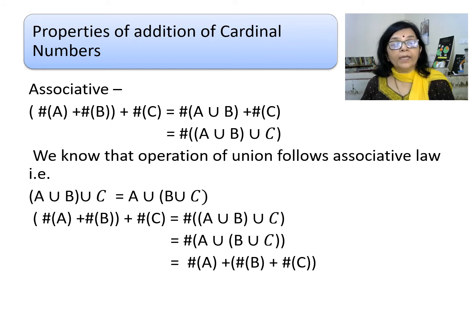So #A plus #B plus #C is equal to #((A union B) union C), which is equal to #(A union (B union C)), which is equal to #A plus (#B plus #C).